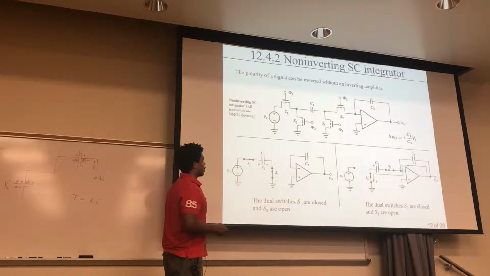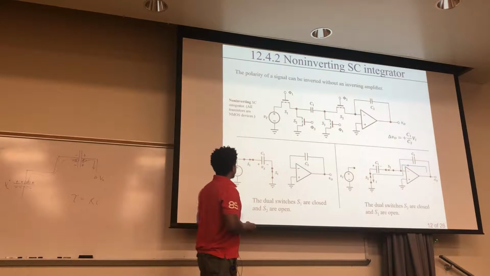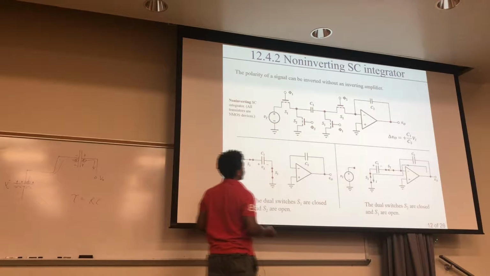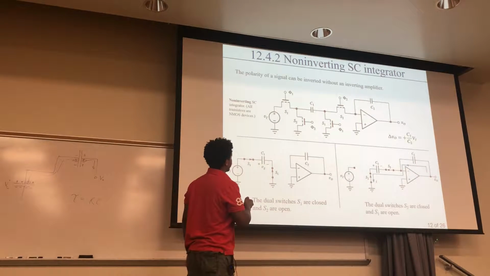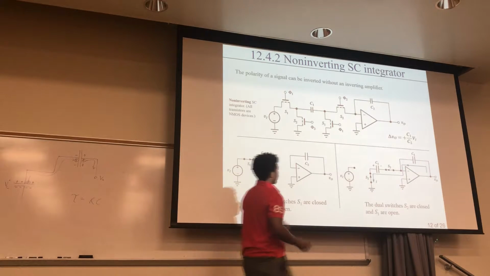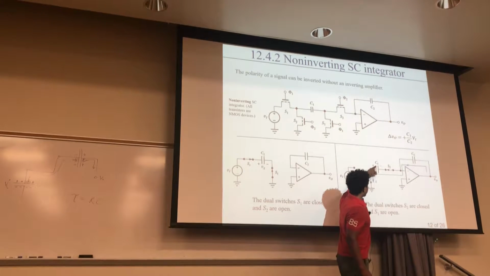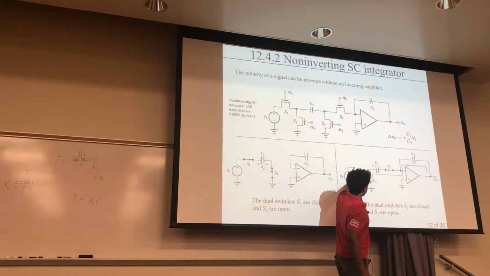Then on the next part of the cycle, S1's open, right? And S2's close. So that's going to close, and that's going to close. And so what's happening is, these two are now closed right here. And now you have this positive charge on this side, and now this positive charge goes in this direction, off that way.